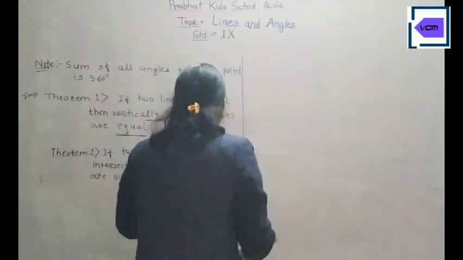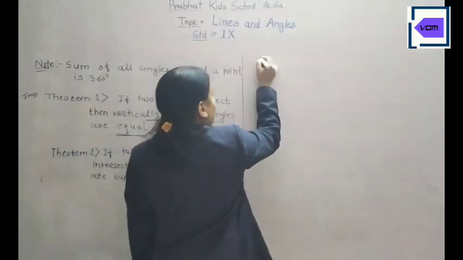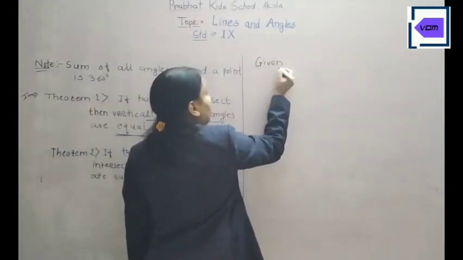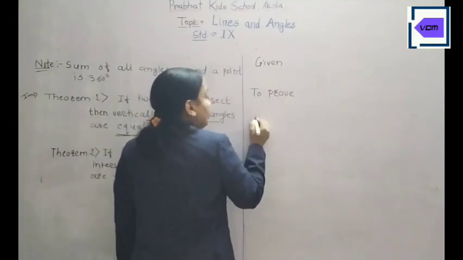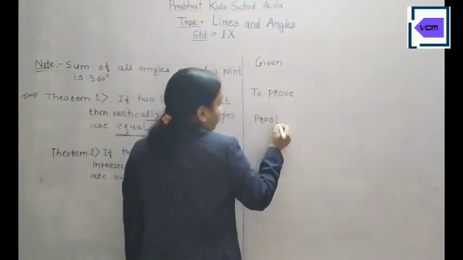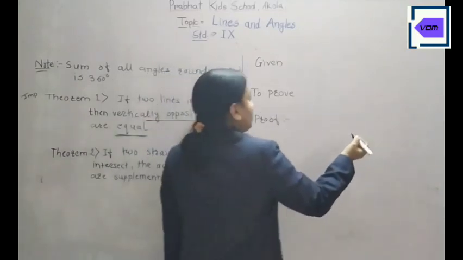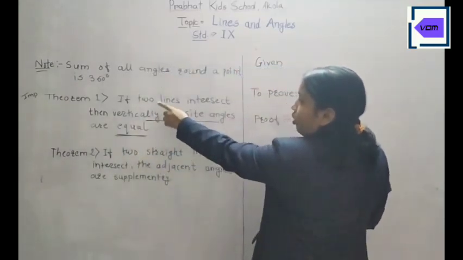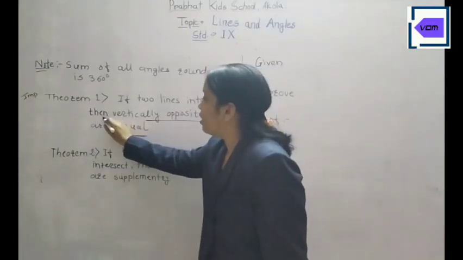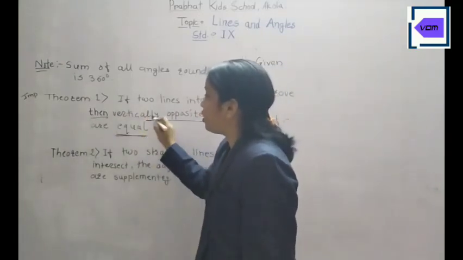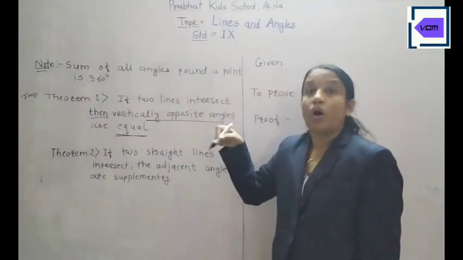So first of all, in geometry write down the given, then what to prove, and then we start the proof. First of all we have to draw the diagram. Two lines are intersecting. This is given. After that, what you have to prove comes next.